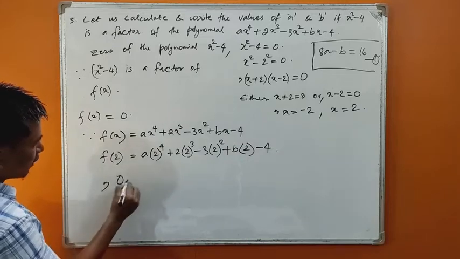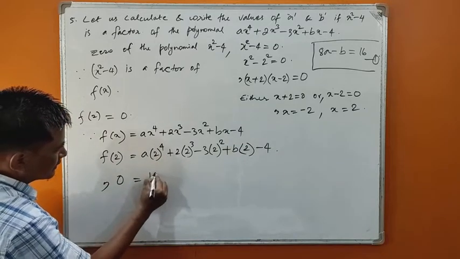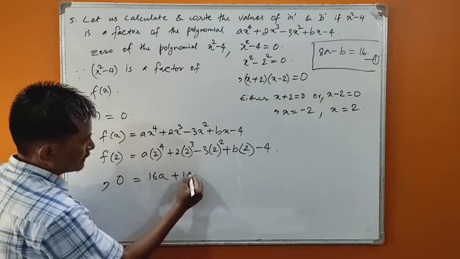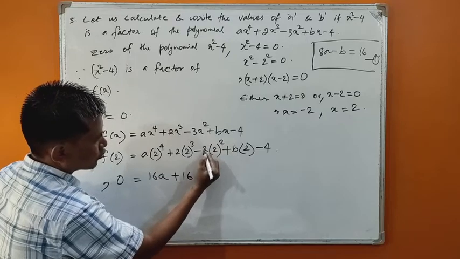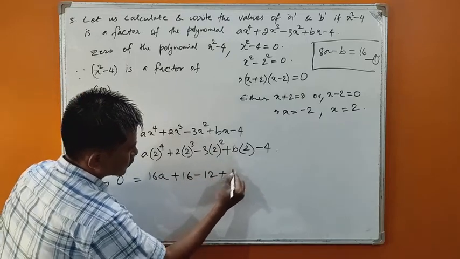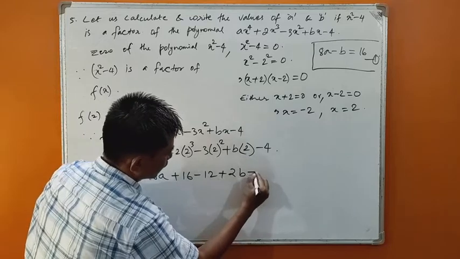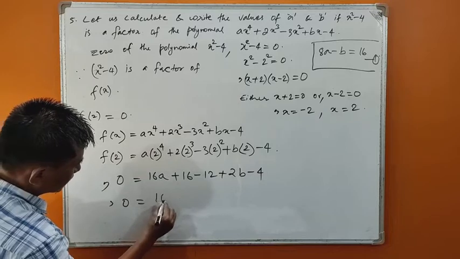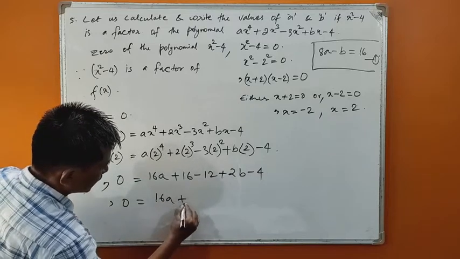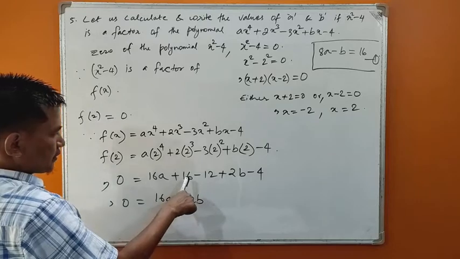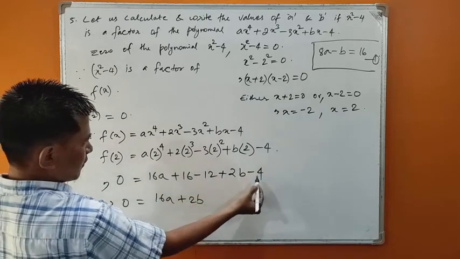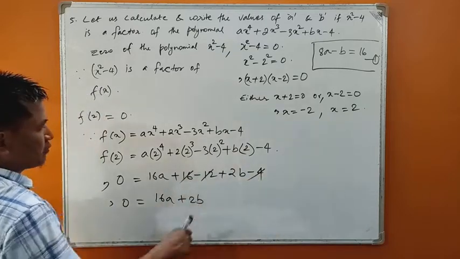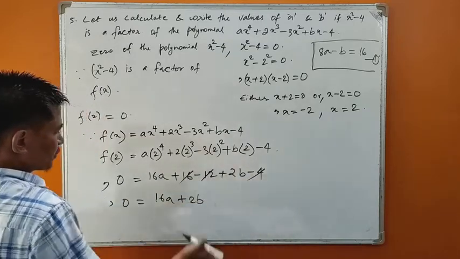So 2 to the power 4 is 16, 16a, plus 2 cubed is 8, 8 into 2 is 16, minus 12, plus 2b minus 4. Or 0 equal to 16a plus 2b plus 16 minus 12 minus 4. Minus 12 minus 4 is minus 16, and plus 16 becomes 0.